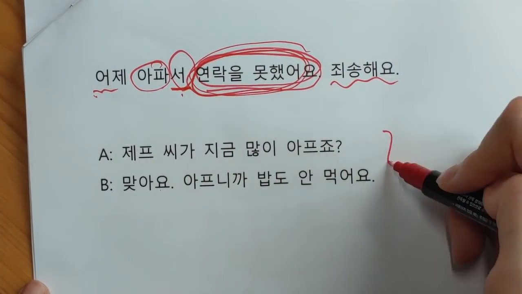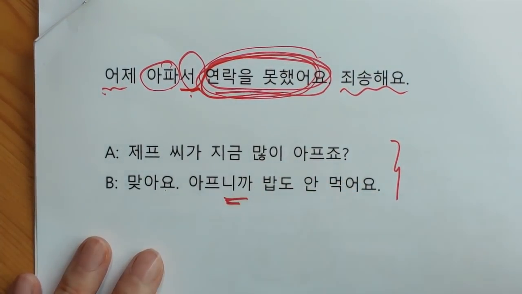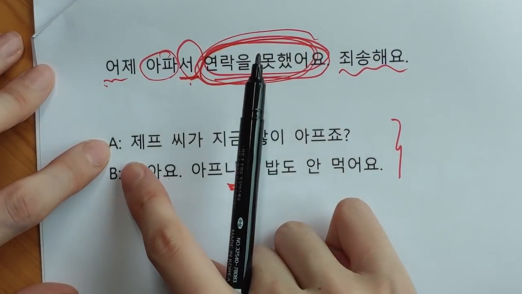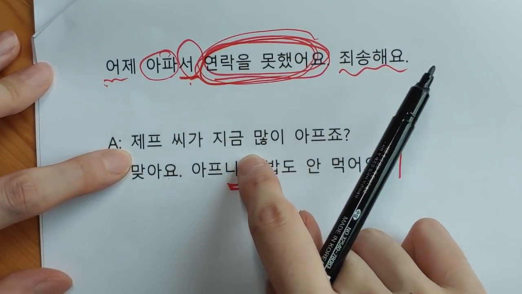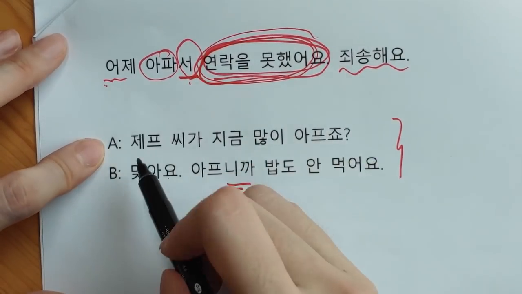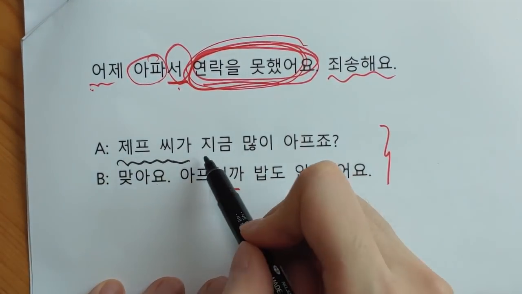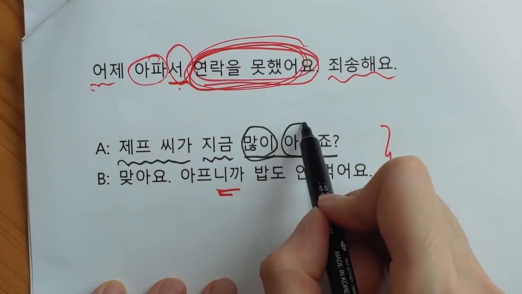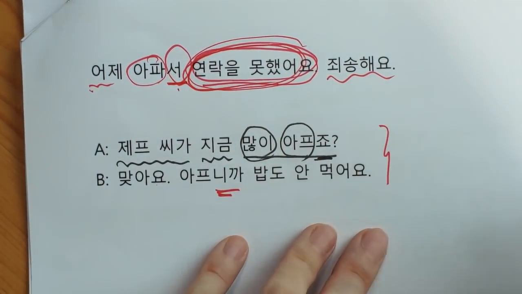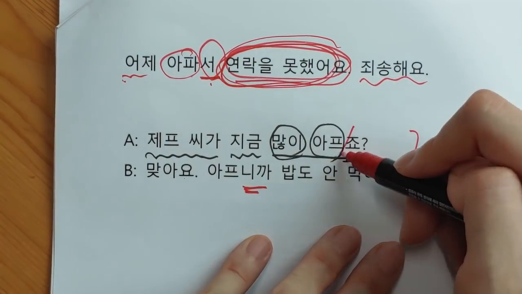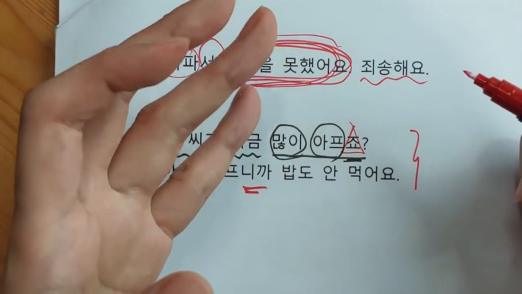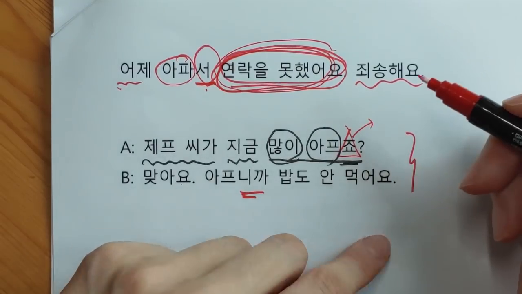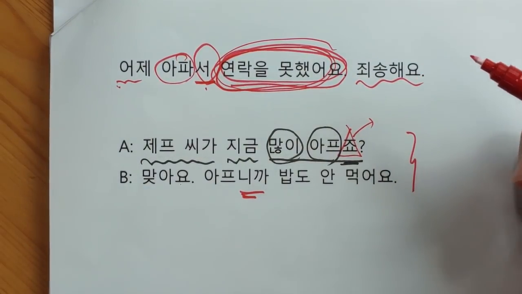But here in this context, 니까 is used because person A asks, 제프 씨가 지금 많이 아프죠? 제프 씨, Mr. Jeff, 지금 많이 아프죠? A lot sick, 죠, right? So we also learned this sentence ending or question ending in the how to ask questions in Korean video.